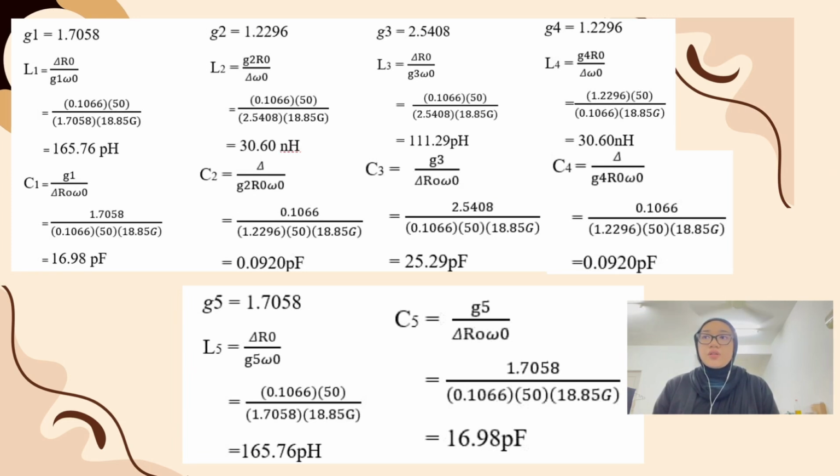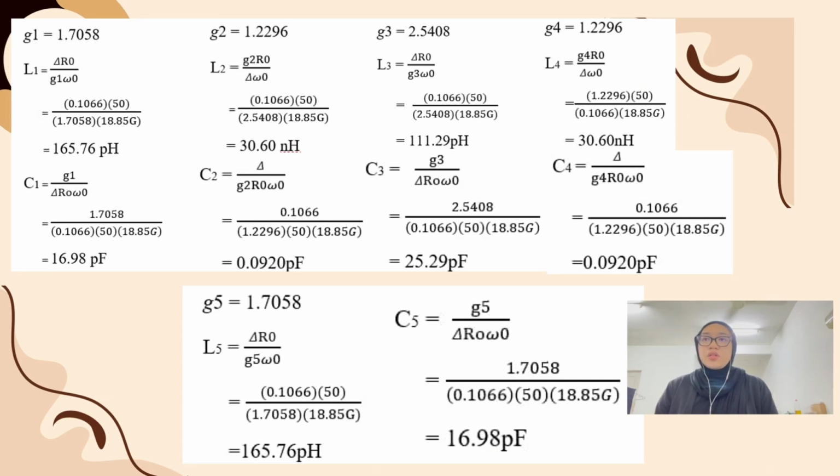So L1 equals 165.76 picohenry, and for C1 the answer is 16.98 picofarad. For G2 equals 1.2296, the answer for L2 is 30.60 nanohenry, and for C2 it is 0.0920 picofarad.